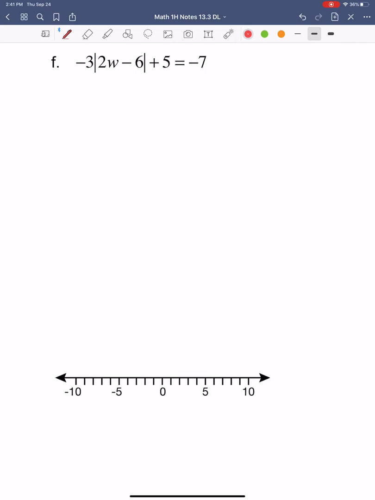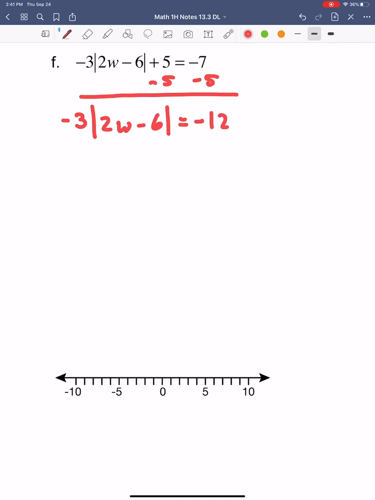All right, so there's a lot of stuff on the outside of these absolute value bars here, right? So we've got this +5 that's on the outside, and we've got this -3 being multiplied on the outside. We got to get rid of both of those. Let's start by subtracting 5. So I get -3 times the absolute value of 2w minus 6 equals -12.